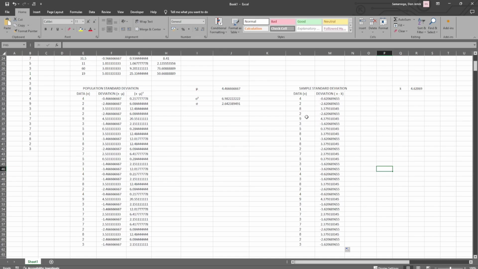The next is x minus x bar squared. To get that, you can simply square the x minus x bar. Then spread.